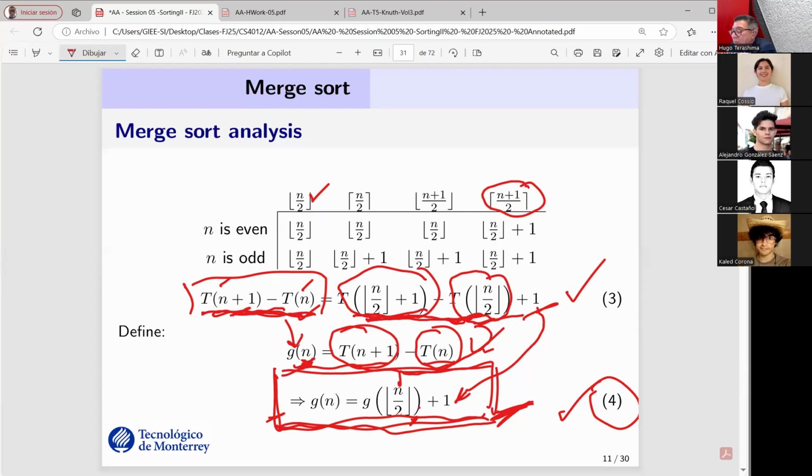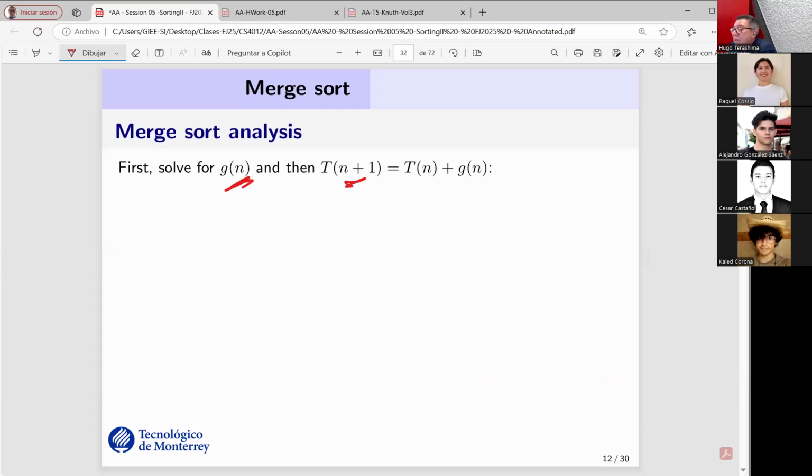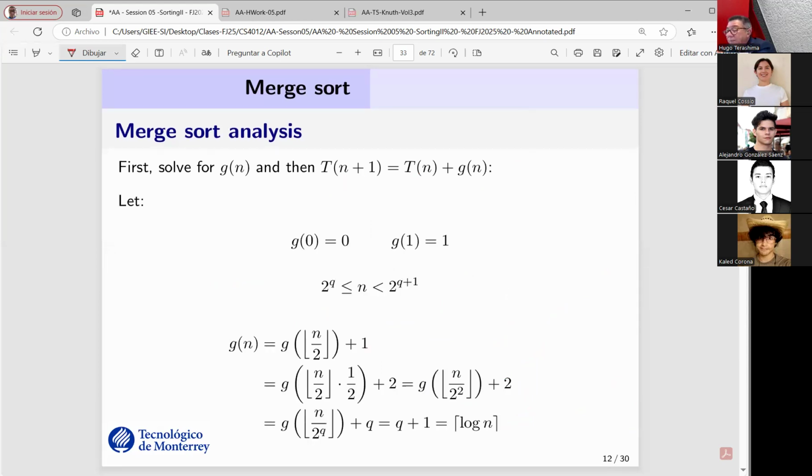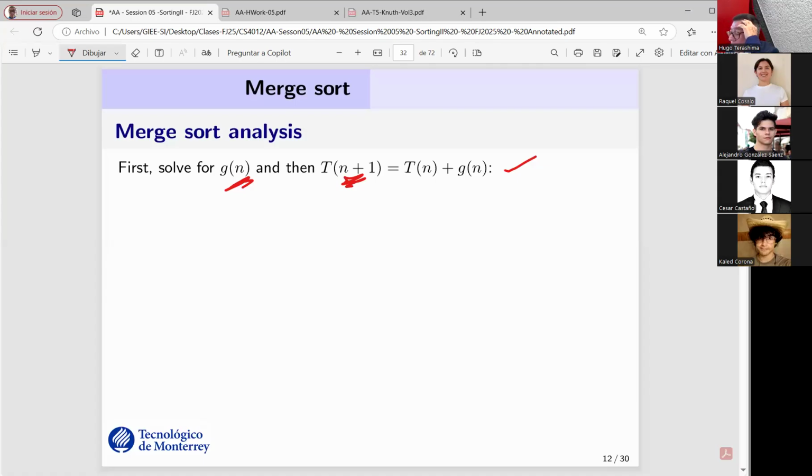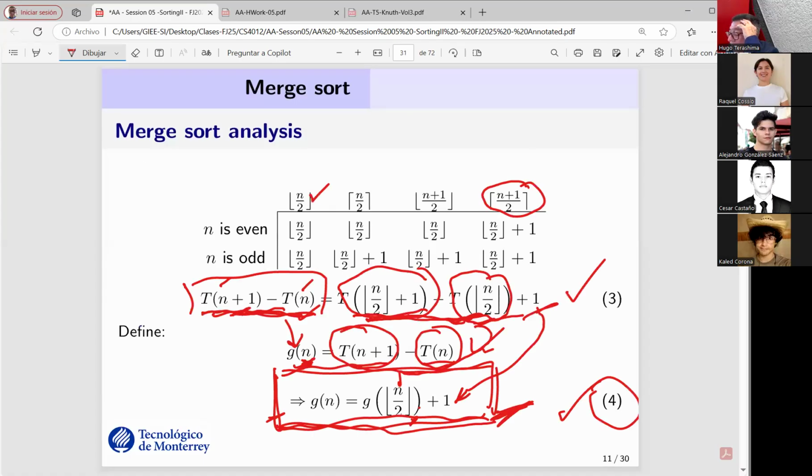To g of n plus g of n, right? So we are going to have the result here. Now, let g of 0 be equal to 0, g of 1 equal to 1. You observe this, right? This is the equation here, right?